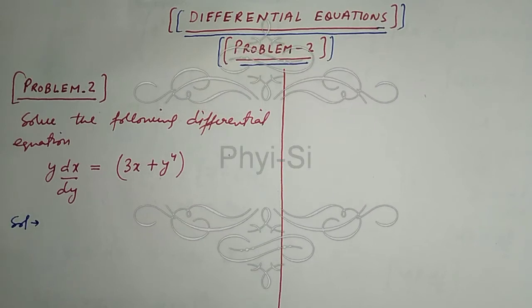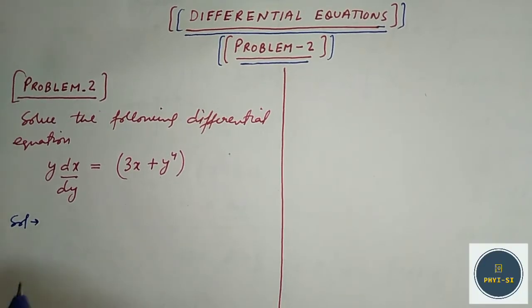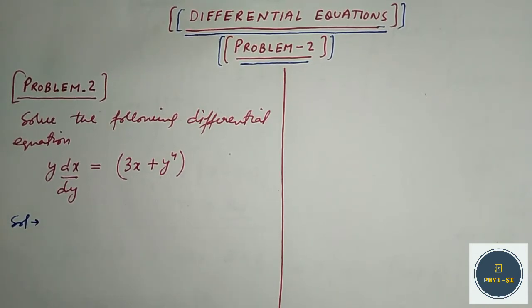This is problem number 2 on differential equations, and this time I have taken a first order differential equation, but there is something different in this: the variables cannot be separated easily, and it is also not a homogeneous type of differential equation.